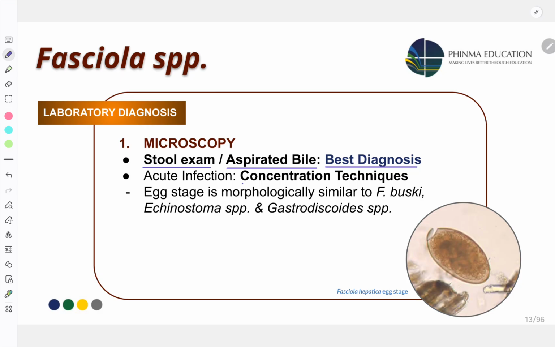So for acute infections, you could do concentration techniques, no? For your stool, unsa pwede gamiton, you have your Kato-Katz, no? So egg stage, remember, indistinguishable ang eggs of your fasciola from your Fasciolopsis buski, your echinostoma, and gastrodiscoides.